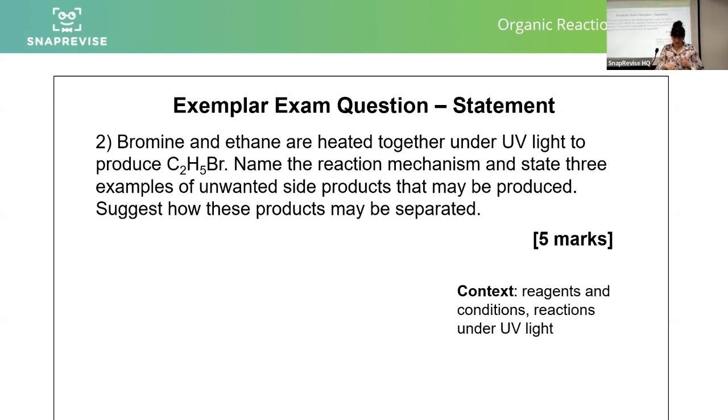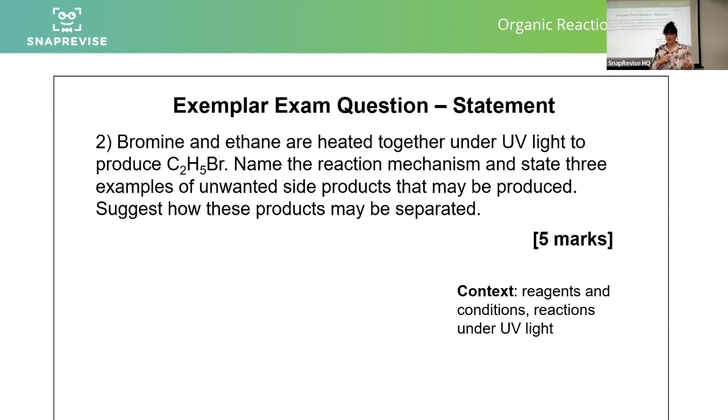So that's my context. The command word is name. So I need to give a name of the reaction mechanism, so a short answer, and then a state. I need to state, so again short answers, 3 examples of side products. But then I also need to suggest how these products might be separated. So I also need to give an example of how they might be separated.